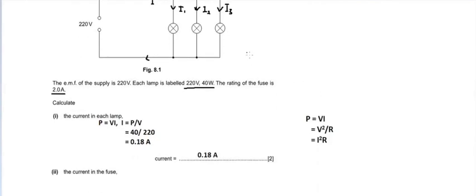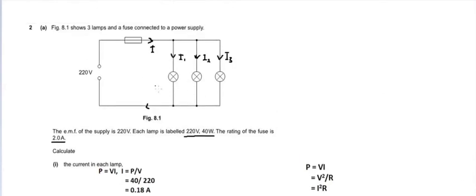Since the bulbs are identical, they have the same rating, and we have just found that the current flowing through any of the bulbs is 0.18 ampere. So what is the current that should be flowing through the fuse? That is I1 plus I2 plus I3.